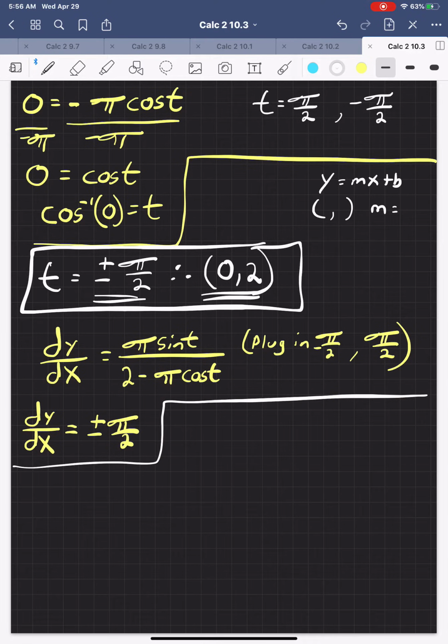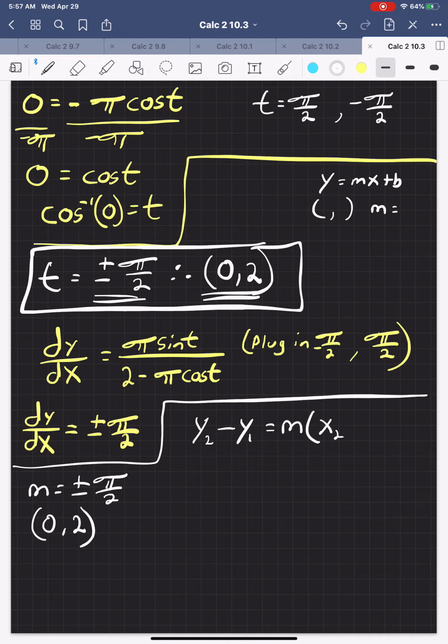So we're going to use these slopes, and we're going to use this point to get to our equation. So y sub 2 minus y sub 1 is equal to m times x sub 2 minus x sub 1.